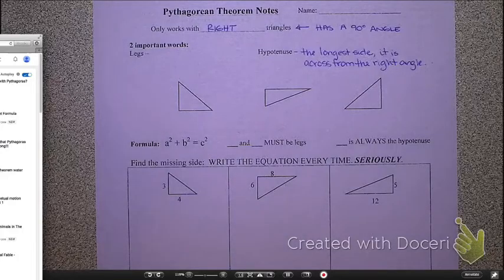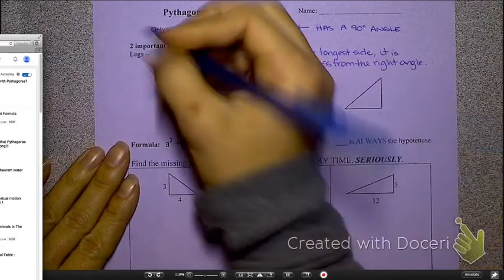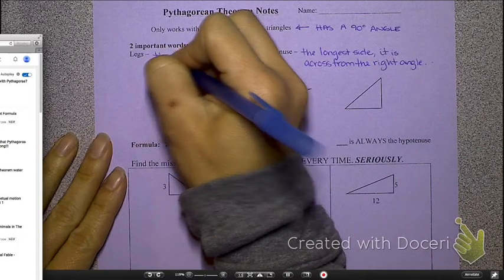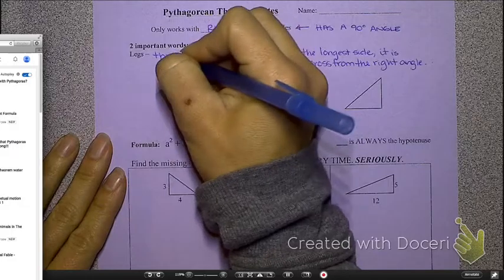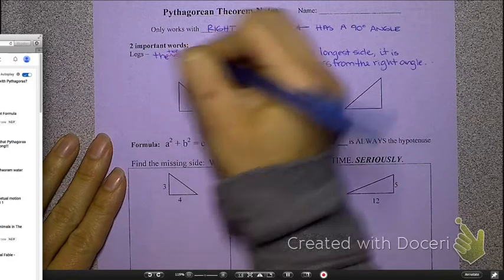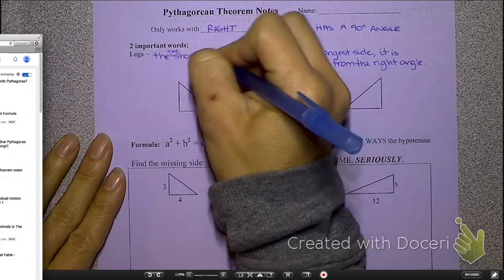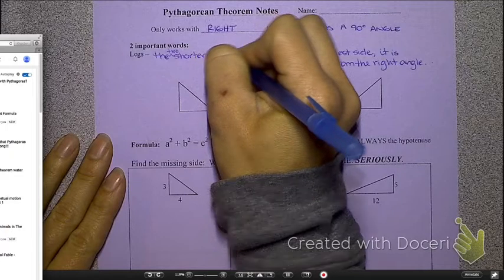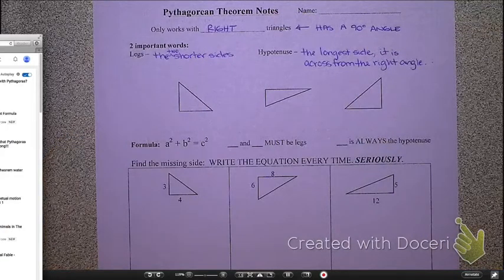Okay, so it is the longest side and it is across from the right angle. Okay, the legs are the two shorter sides. And when I say shorter, I mean they're shorter in comparison to the hypotenuse. Okay?